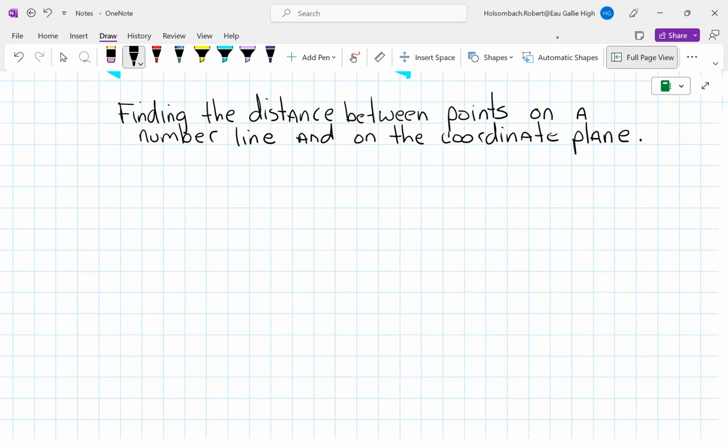Finding the distance between points on a number line and on the coordinate plane.